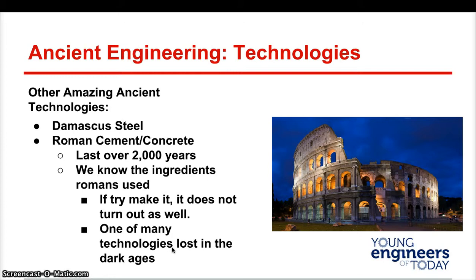Throughout the time and history of humanity, we've lost, discovered, lost again, and rediscovered things due to disease, due to human greed, due to wars, etc. This is a great example.